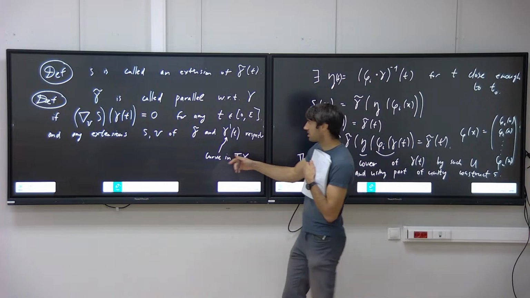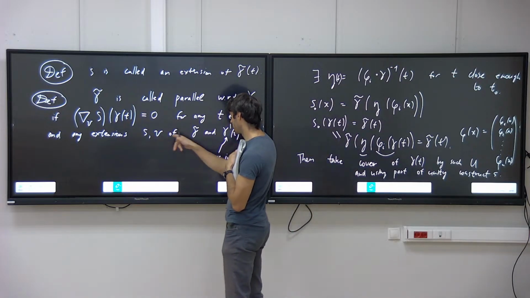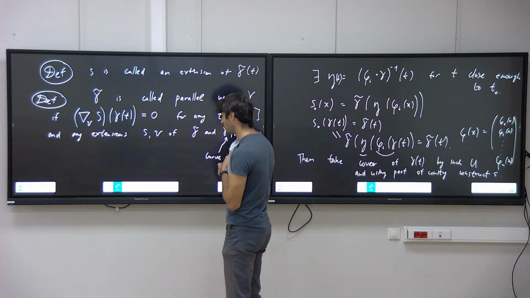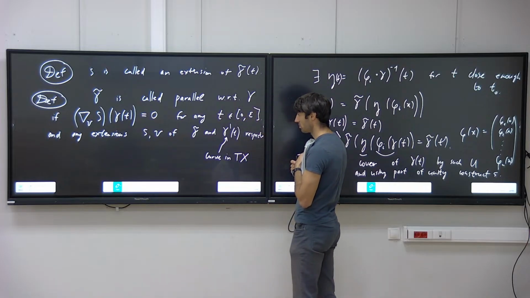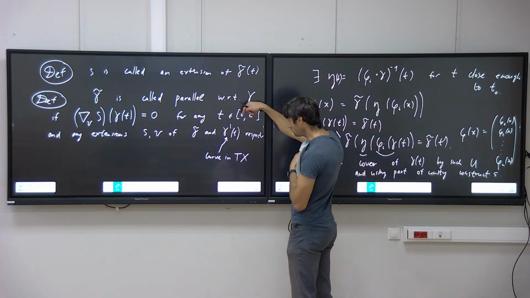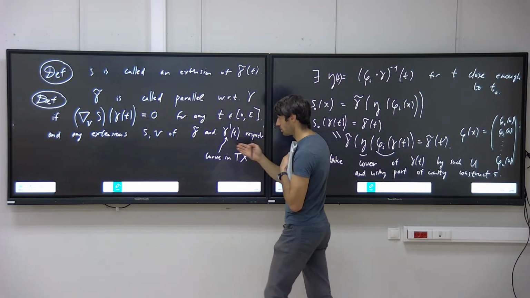And so V is an extension of this curve, S is an extension of this curve. And so we have this.